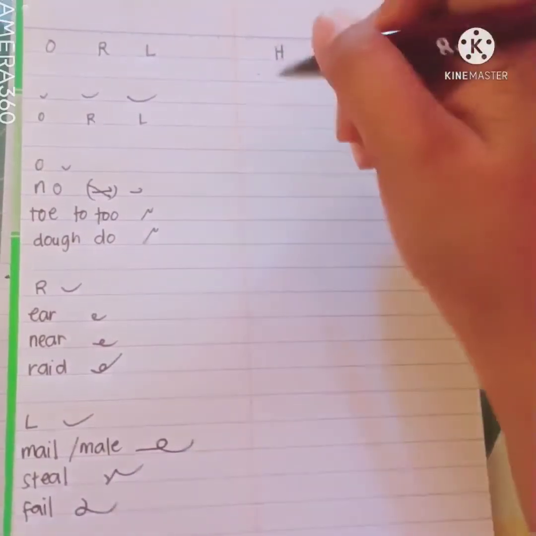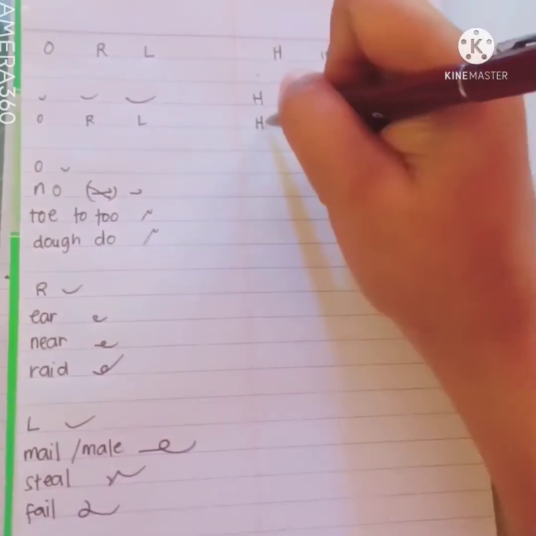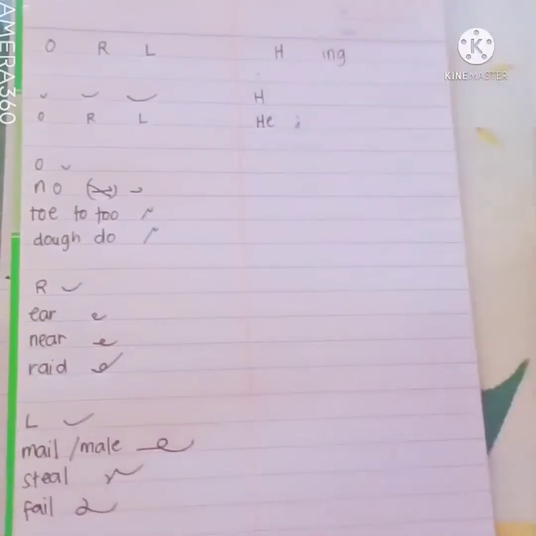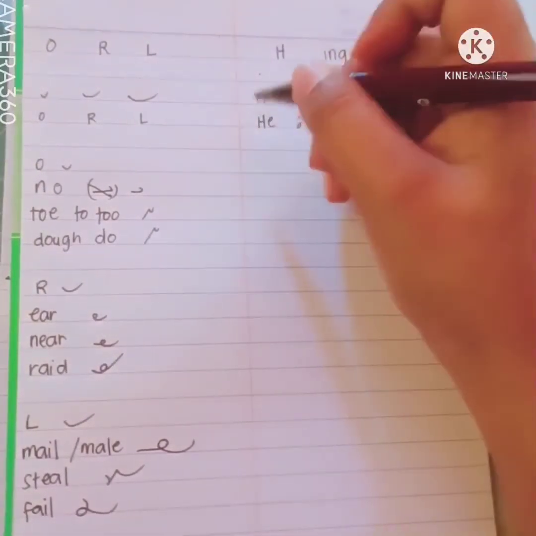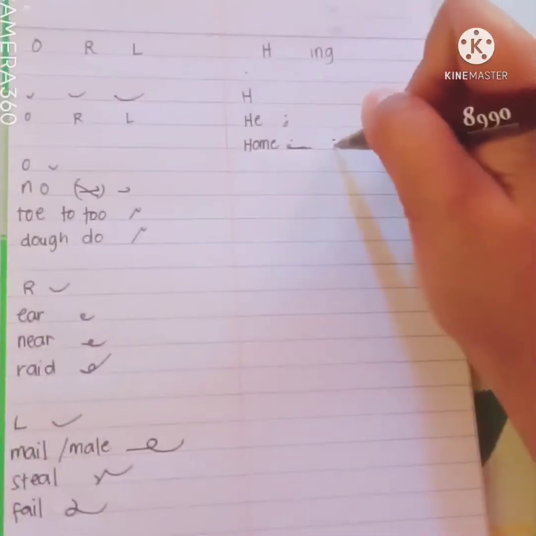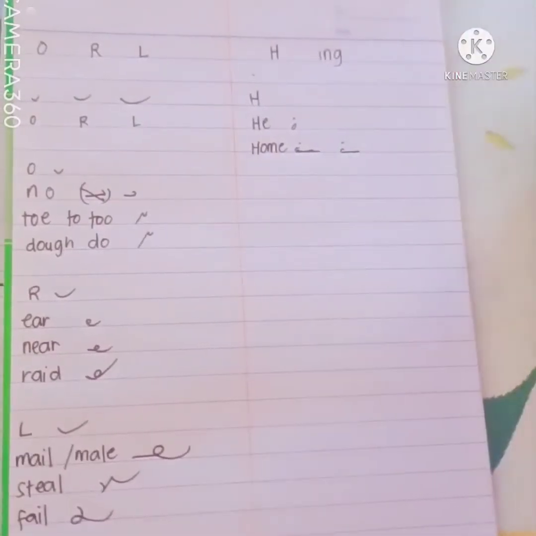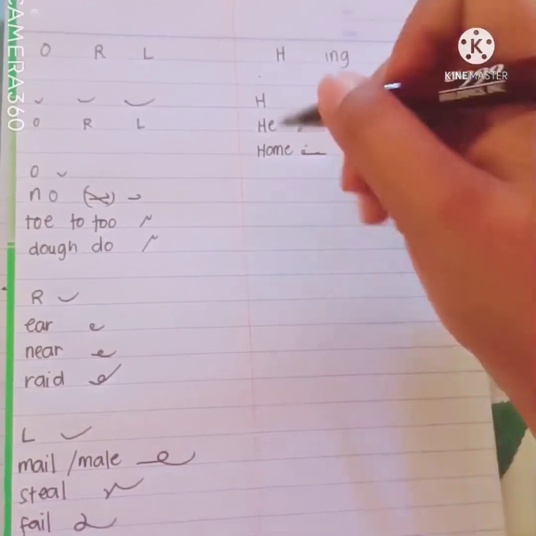So let's construct an example. H, E. That's he. Let's go to home. Home. The other one is whole.